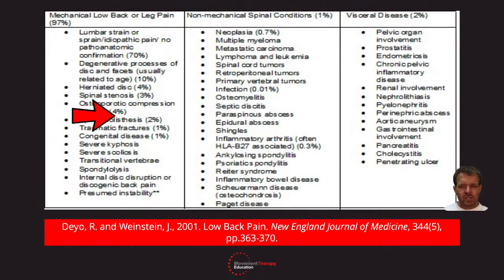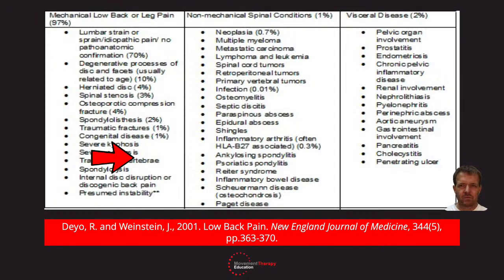Usually with a mechanical one, if you have injured something, let's have a look. We've got a lumbar strain or sprain, idiopathic, so that means we don't really know what's caused the pain. No pathoanatomic confirmation, so they've had a scan and there's nothing on the scan. That accounts for 70% of lower back pain.